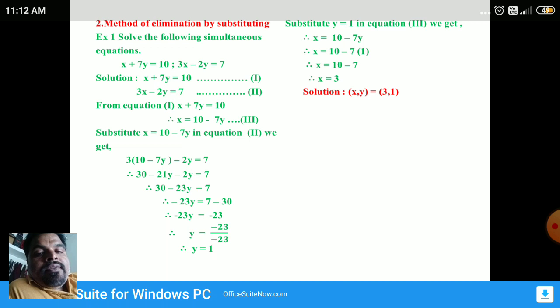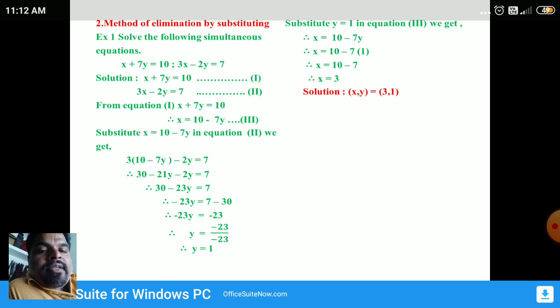Now, the value of y substitute in equation number 3. We get x is equal to 10 minus 7y, equation number 3, and substitute the value of y, that is 1, in equation 3. Therefore, x is equal to 10 minus 7(1).